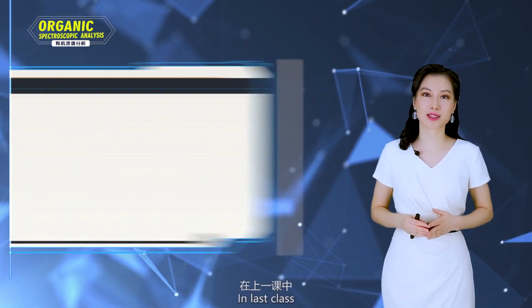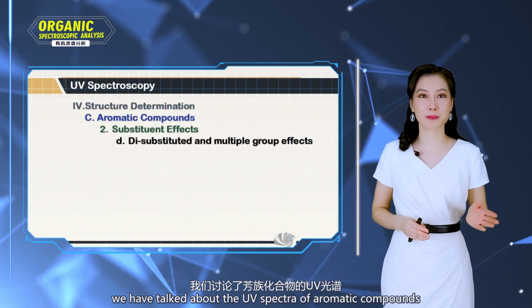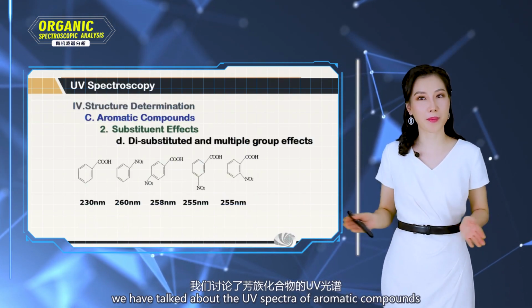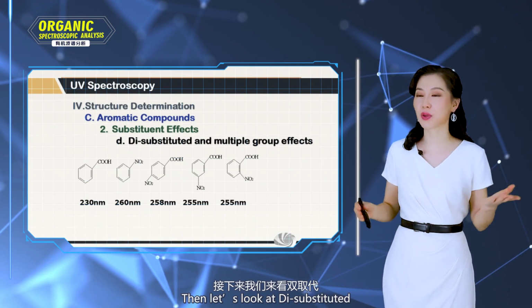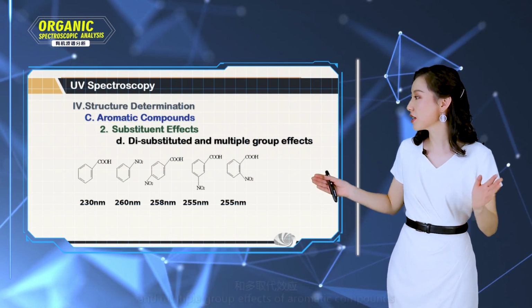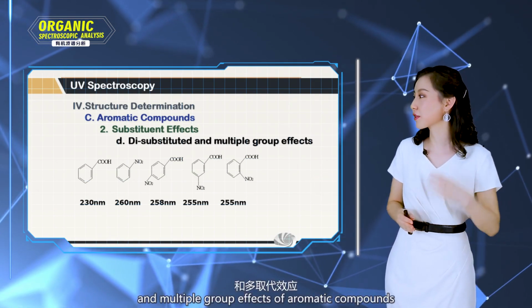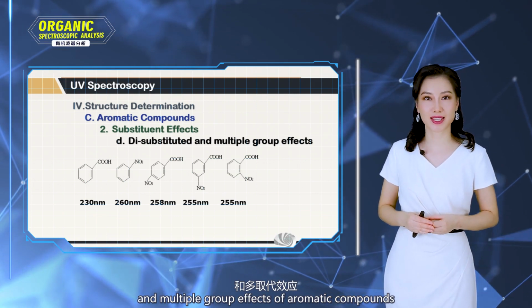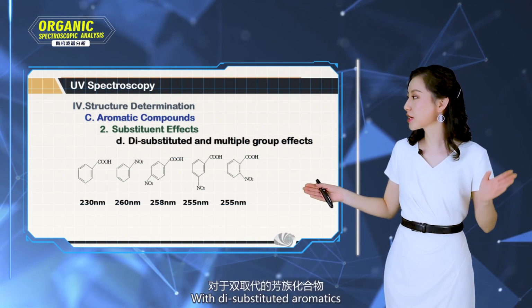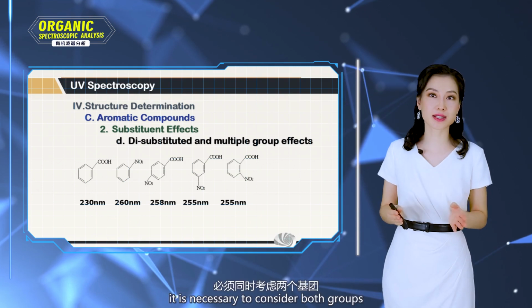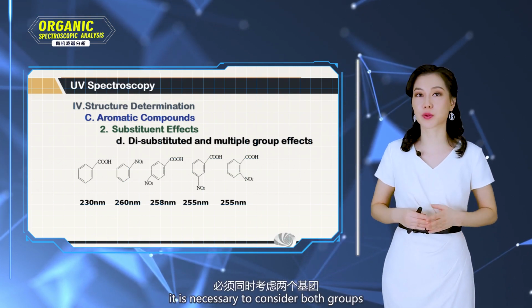In last class, we talked about the UV spectra of aromatic compounds. Then let's look at the disubstituted and multiple group effects of aromatic compounds. With disubstituted aromatics, it's necessary to consider both groups.